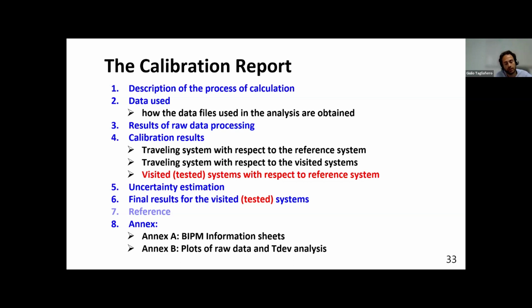Providing intermediate results makes it easy to spot any possible error. And finally, you should report the uncertainty of the estimation and the final values. In the annex, it is typical to report the BIPM information sheet that we discussed before, and also a plot of the raw data and the TDEV analysis. Next slide, please.